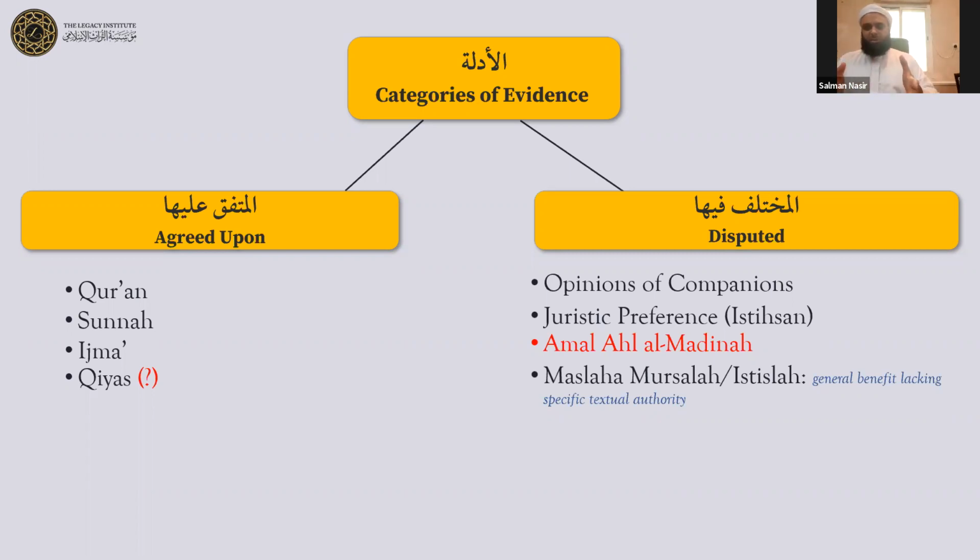Because textual interpretation applies first and foremost to the text of the Quran and Sunnah. The purpose of all the discussions on the principles of textual interpretation in the books of Usul Fiqh is to interpret the Quran and Sunnah. And so they follow from the belief that the Quran and Sunnah are in fact Hujjah.